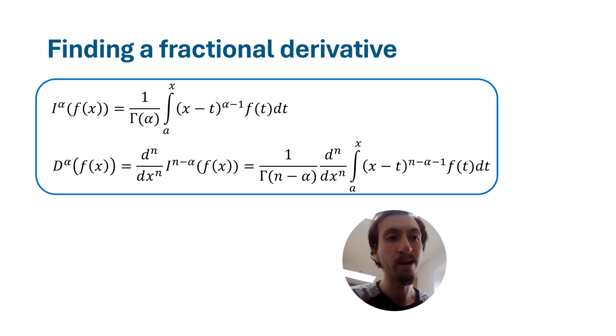So d alpha is our fractional derivative operator. So alpha is the order of differentiation. So if alpha was 1, we would be dealing with standard first order ordinary derivatives. But if alpha is a fraction, then this is an example of a fractional calculus operator.